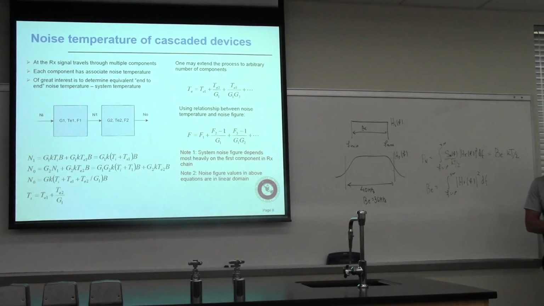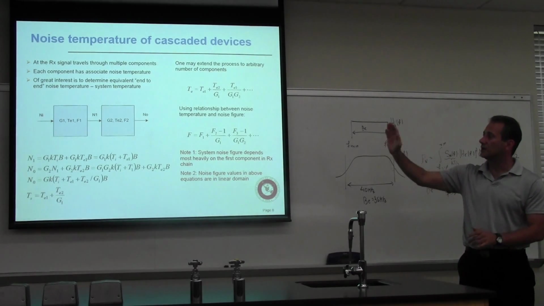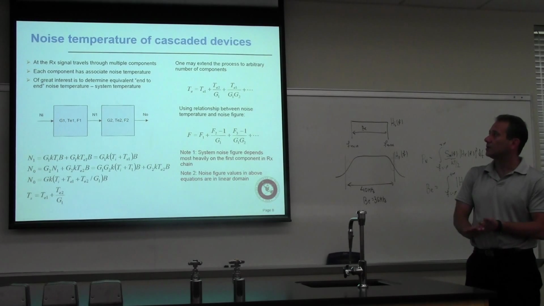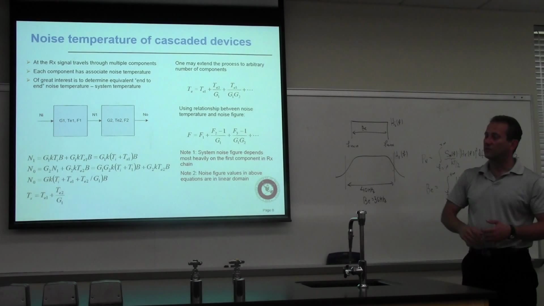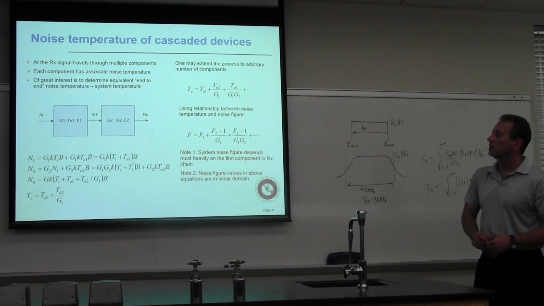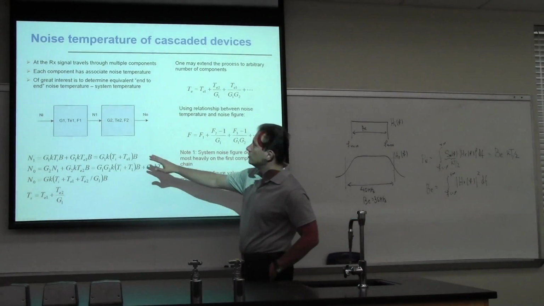Now, in all communication systems, we have cascaded elements, cascaded subsystems. And the question is, if I have multiple subsystems, what is the equivalent noise temperature or the noise figure of the whole chain? So we're looking here, just for the sake of example, at two systems.